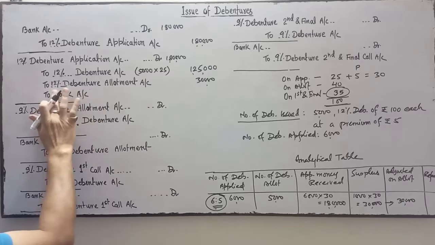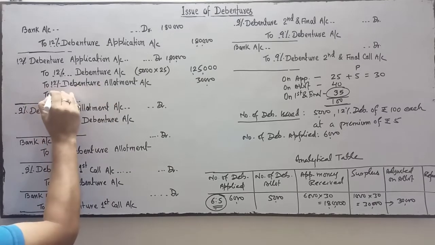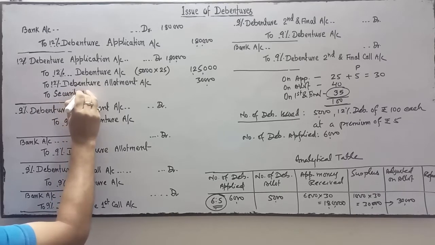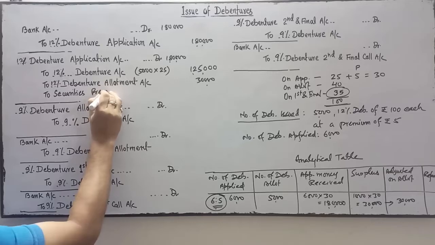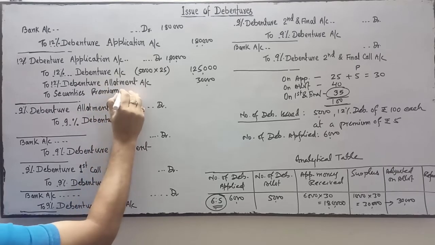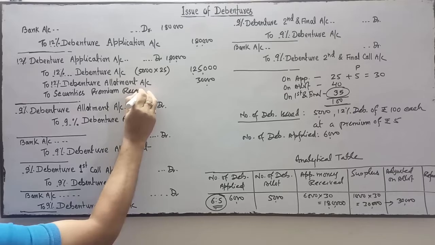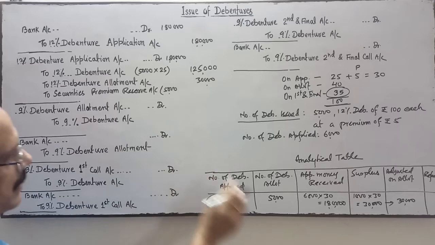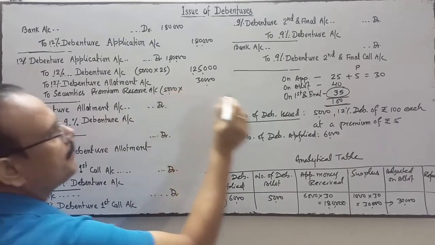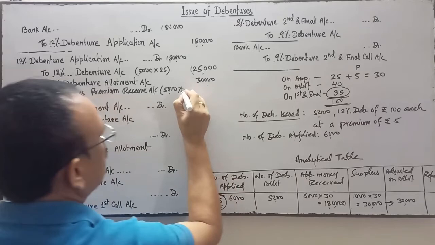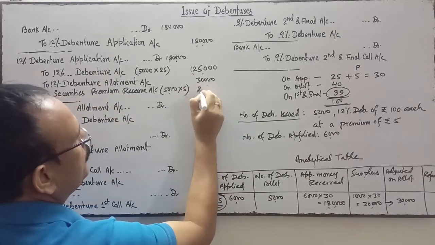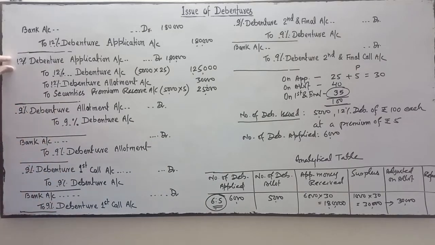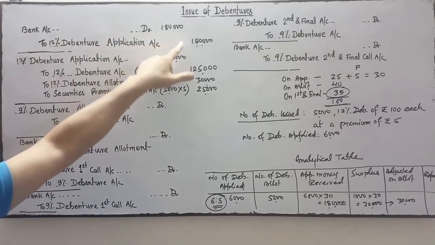No money is refunded, but here we have to open the securities premium reserve account. How much is the securities premium reserve? On 5,000 shares allotted by the company, premium money on application is rupees 5. So multiply by 5, it is 25,000. So the debenture application 1,80,000 is received over here.